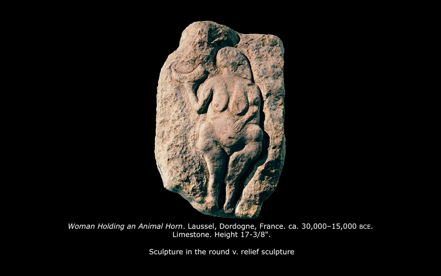Not a sculpture in the round is this one, woman holding an animal horn. This is called a relief sculpture. In this type of sculpture, you have the figure of the woman that is carved into this background here, and she seems to come forward. So you have just a little bit of a carving away of the stone behind her, but she's not carved out completely 360 degrees. So the back of this surface would be completely flat.